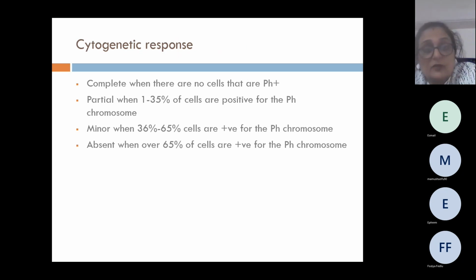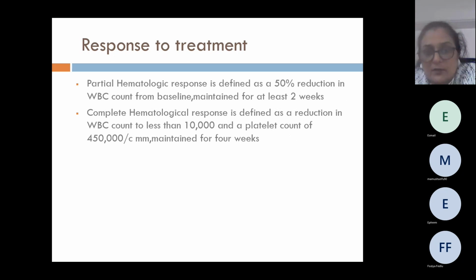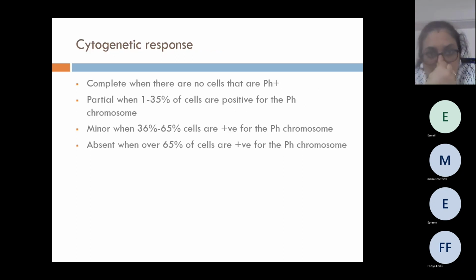There are certain cytogenic responses. These were hematological responses, and this is cytogenic response. What do you mean by cytogenic response? We will see whether there is presence of Philadelphia chromosome or absence of Philadelphia chromosome. Right.